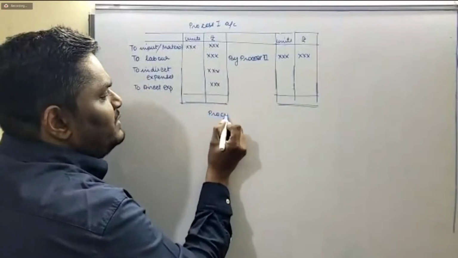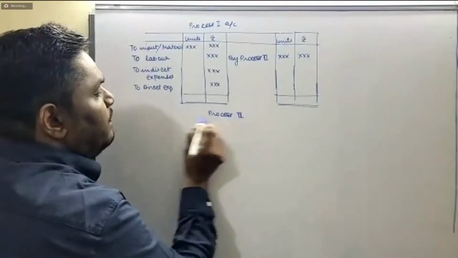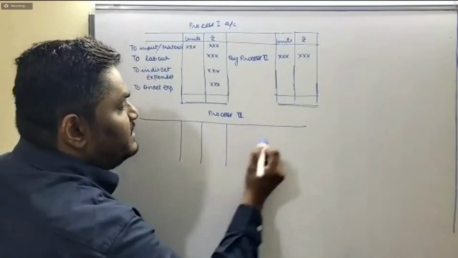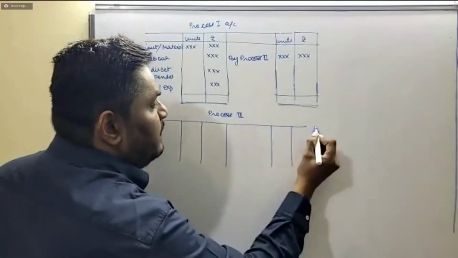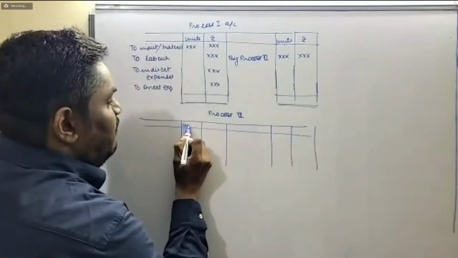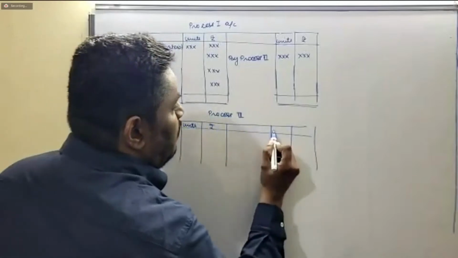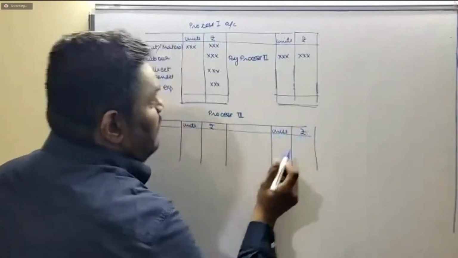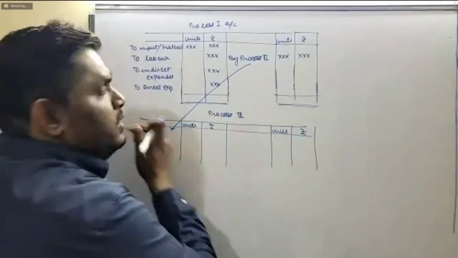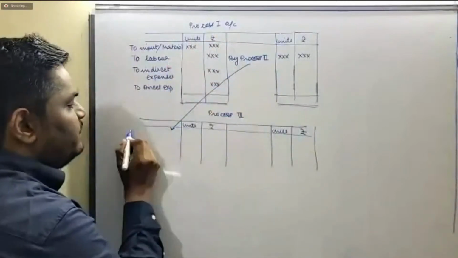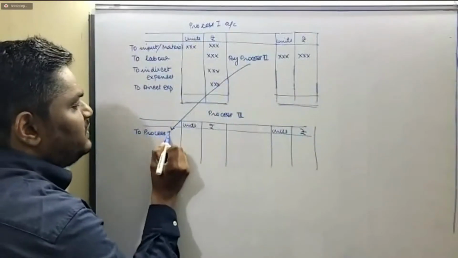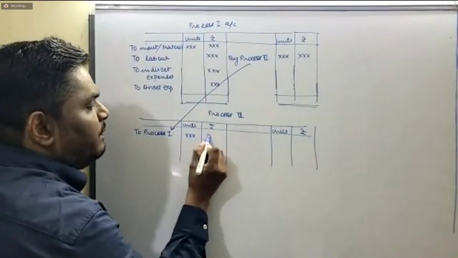We can prepare the process second account also. Similarly, the output of process first will be the input of process second. So we'll first write process first, that is the input.